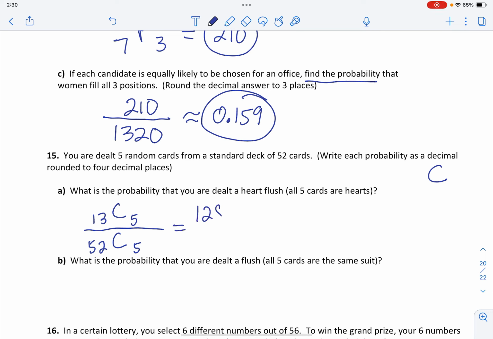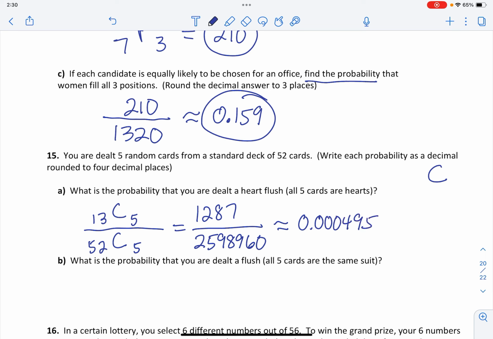That's 1,287 divided by 2,598,960. If I calculate that with my calculator, I get 0.000495. Rounding that to 4 decimals, it's 0.0005.